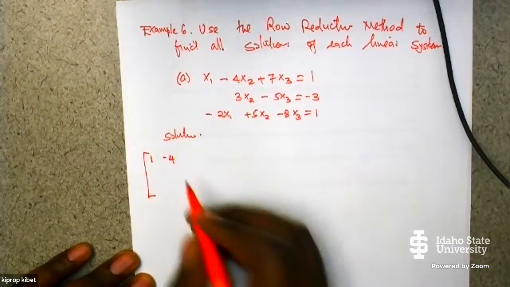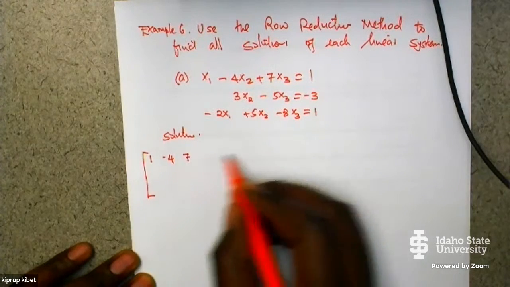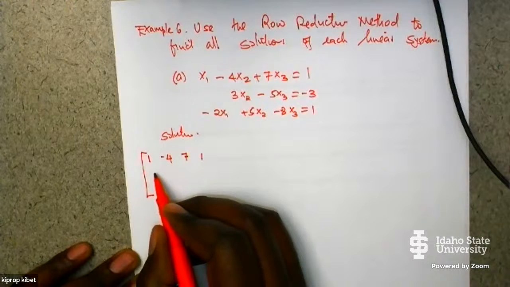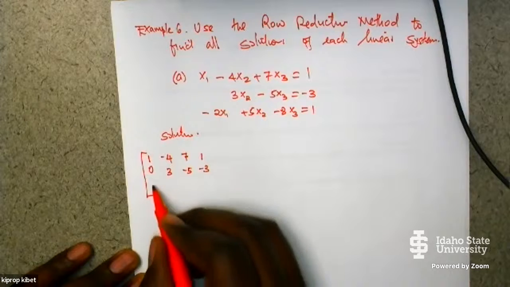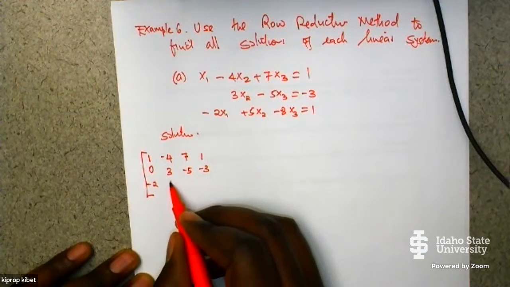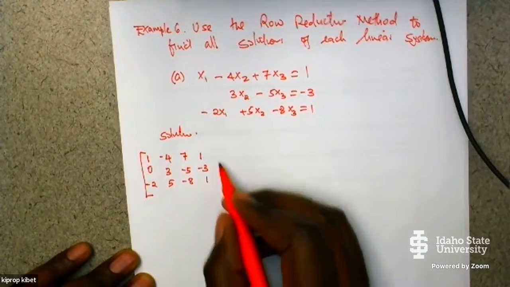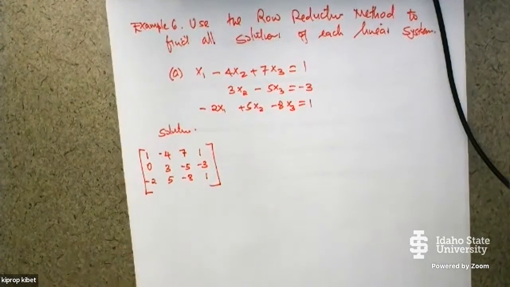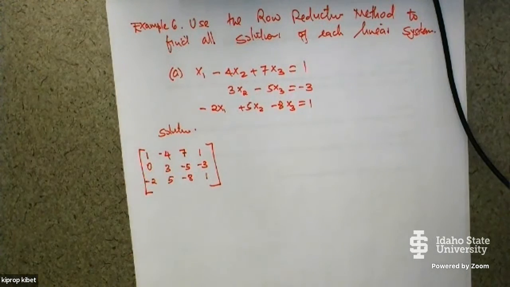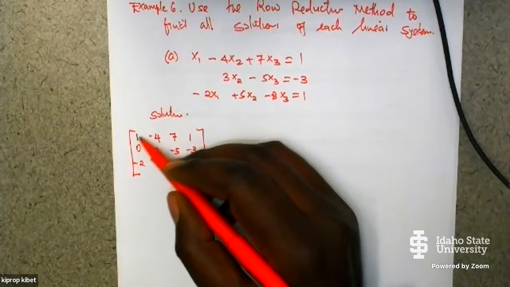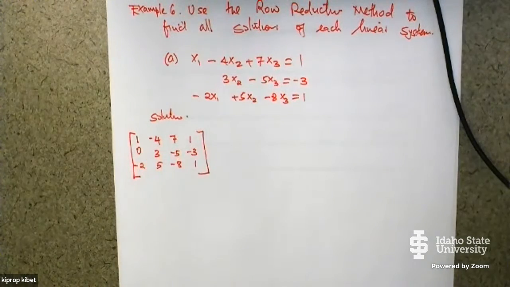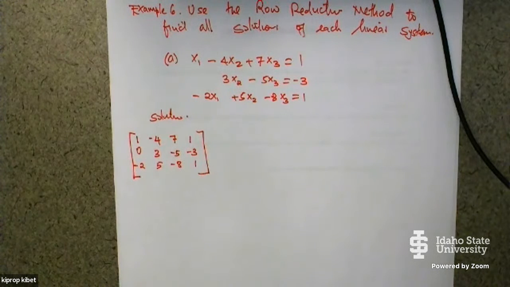When you put the constants, it becomes the augmented matrix. We have 0, 3, -5, and -3. Then we have -2, 5, -8, and 1. Again, make sure the pivot entry is not 0. If there is a 0, then you switch the rows.